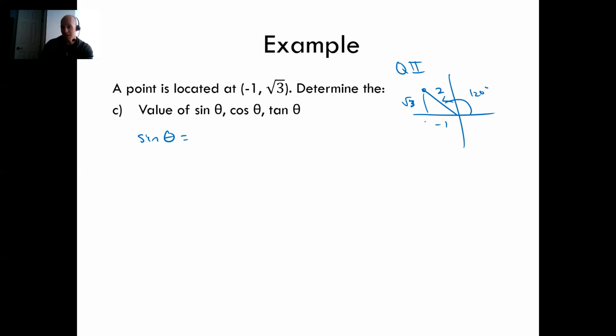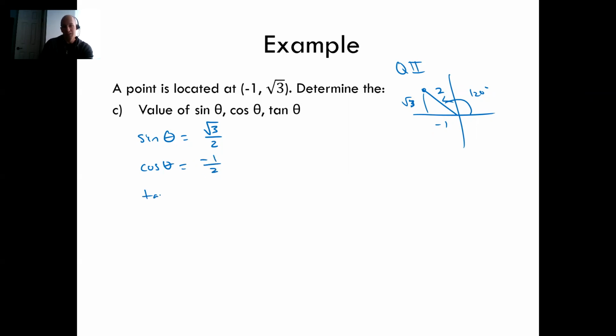Now when you're doing this, it actually does make sense to keep the negative signs in. So the opposite side is √3 and the hypotenuse is 2, and we're going to leave it like that because it's positive √3 over 2. Done. Cosine is adjacent over hypotenuse, so it will be -1 over 2.